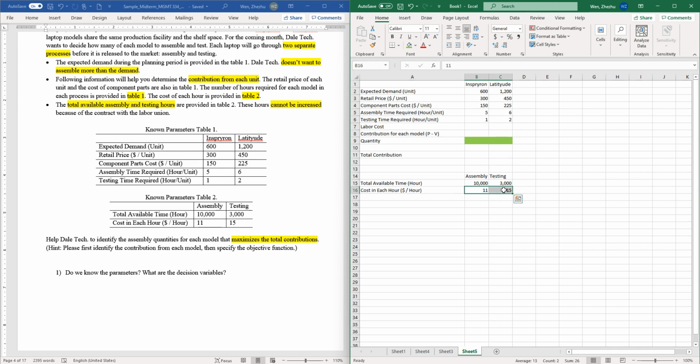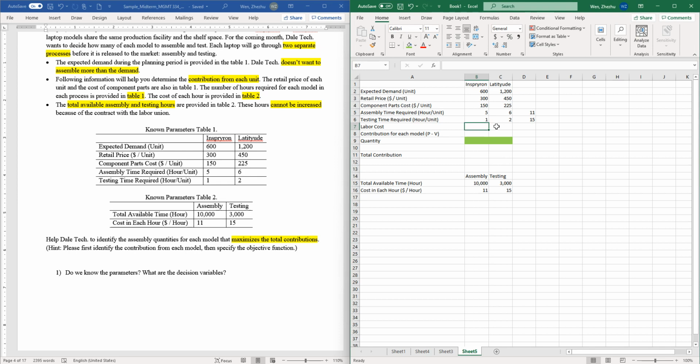I'm going to copy the cost of each hour here. Each hour of assembly is $11. Each hour of testing is $15. Using that, we can calculate the total labor cost for each model.